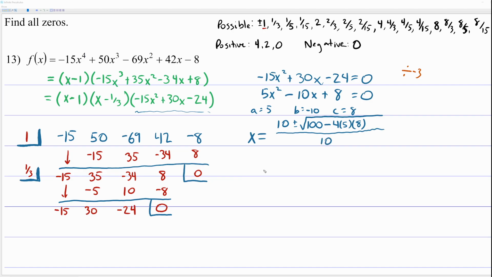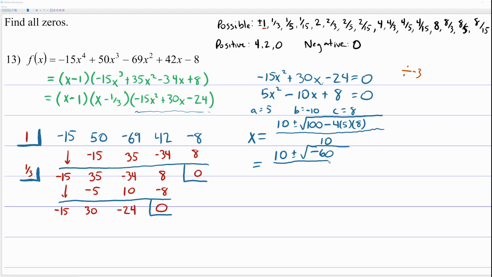I'm hoping there's enough room. So let's do some arithmetic. 10 plus or minus the square root of, let's see, 4 times 5 is 20. 20 times 8 is 160. 100 minus 160 is negative 60.